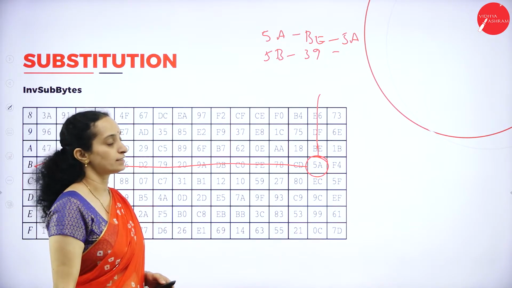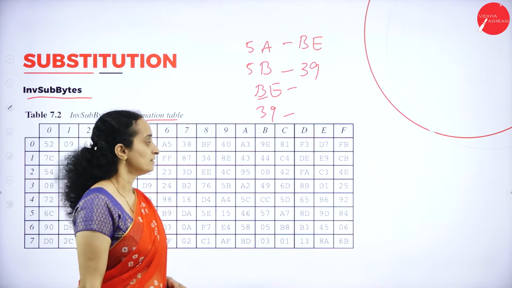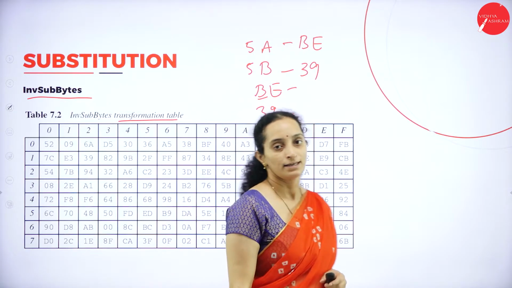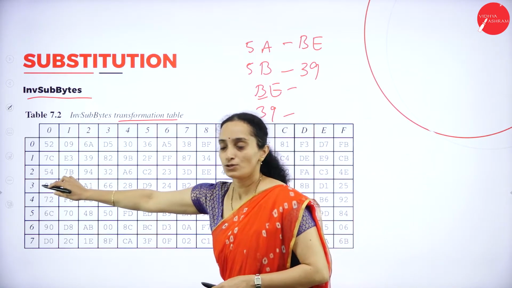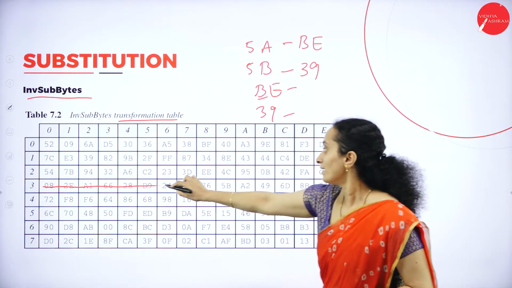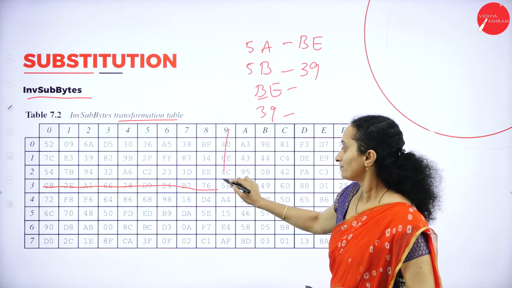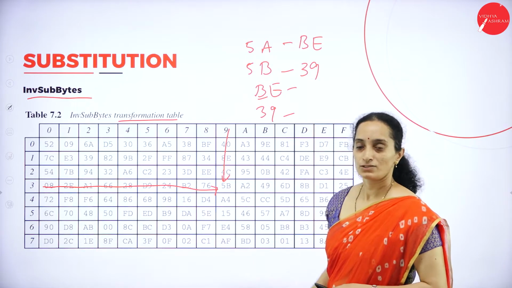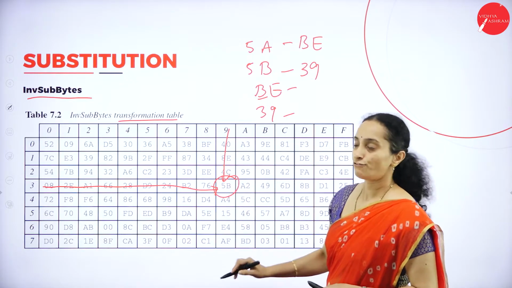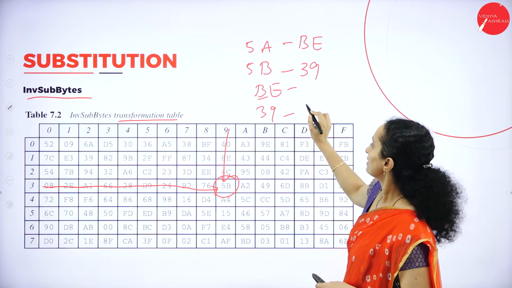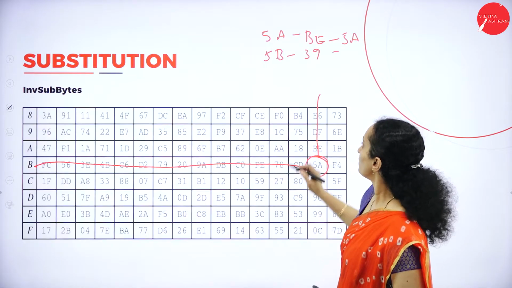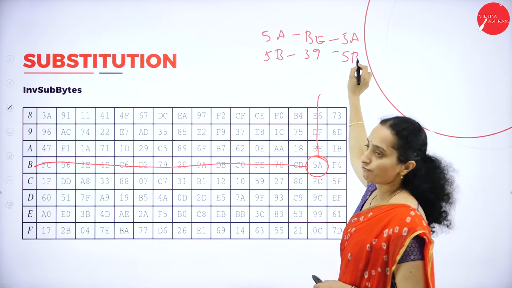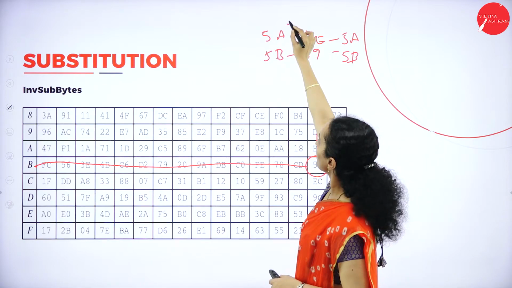Whereas, if you check for 39, it will be here, third row and ninth column. So where is it intersecting? 5B. So this is getting 5B.